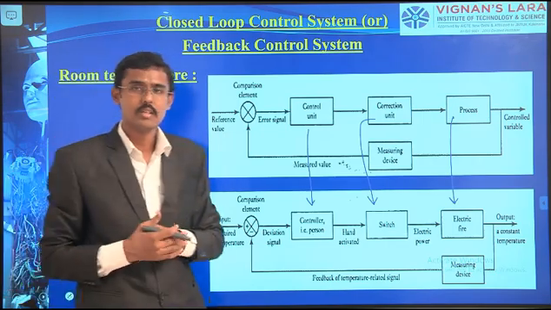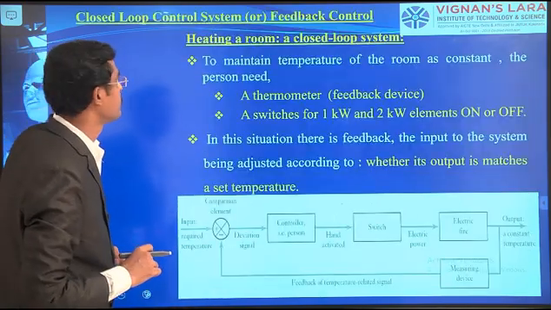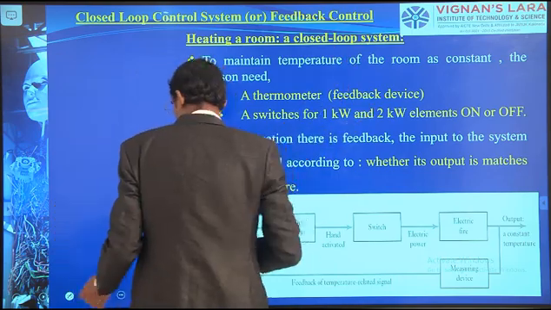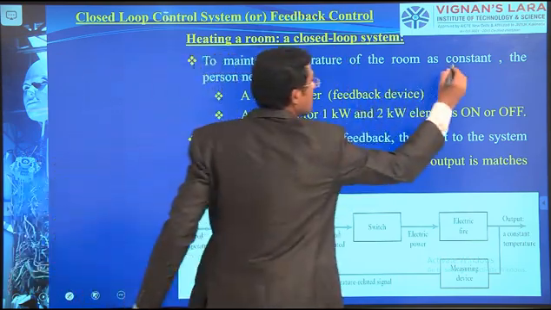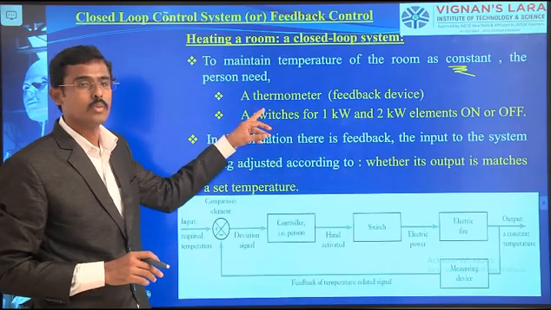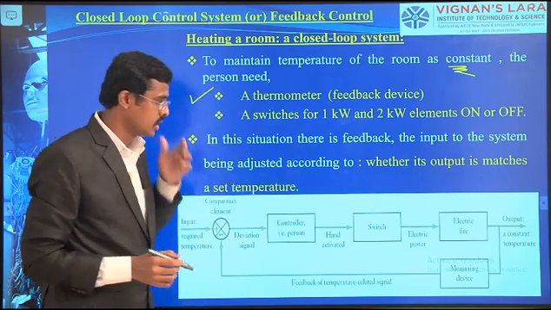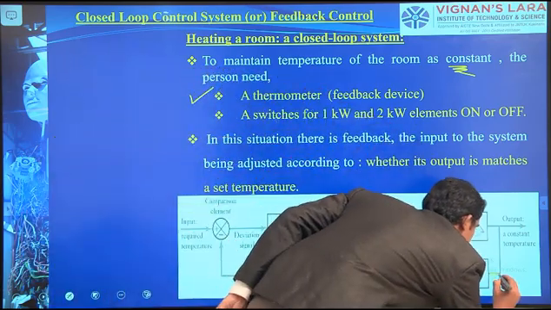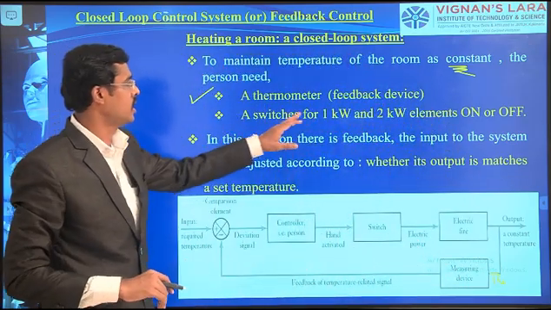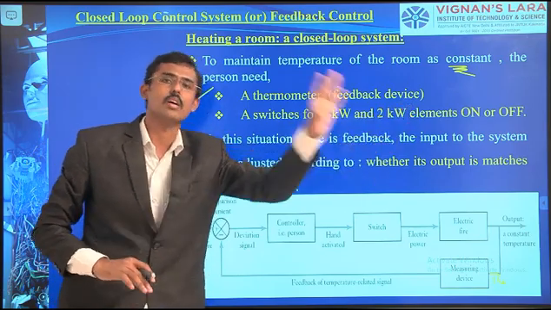A room temperature measurement system. What happens here? To maintain the temperature of a room at a constant level, what we need, as I told you, is a feedback system, which may be a thermometer. Then a switch may be a 1 kilowatt or a 2 kilowatt element to turn on or off.